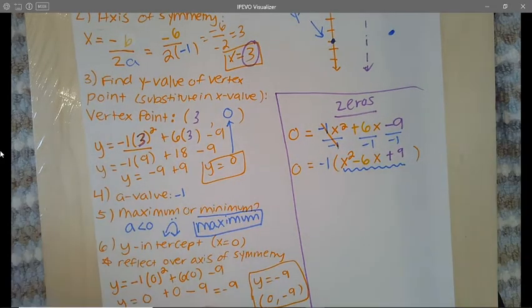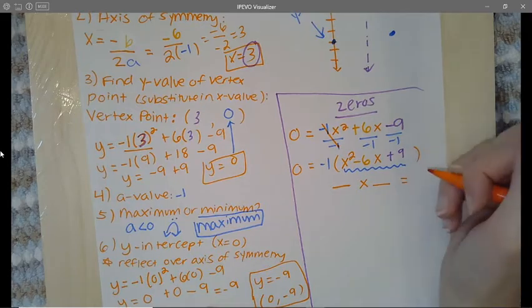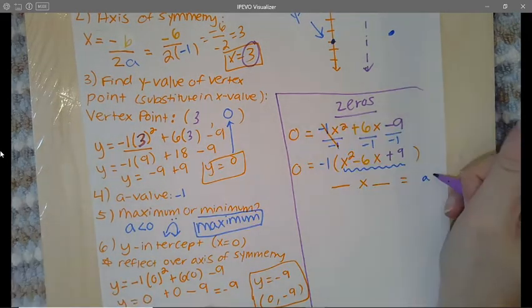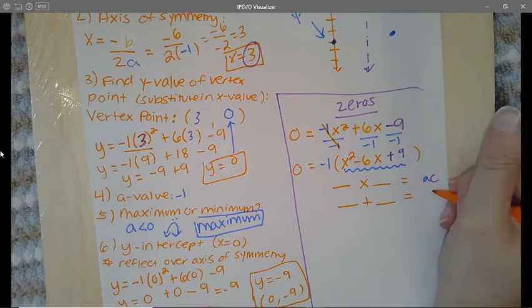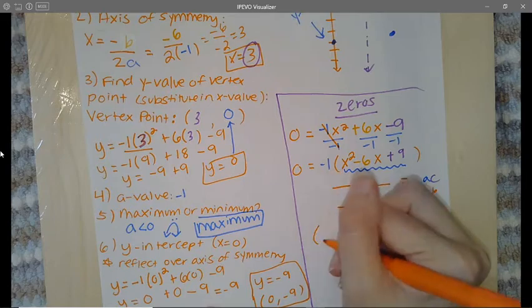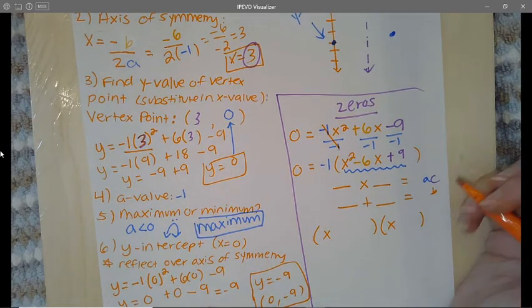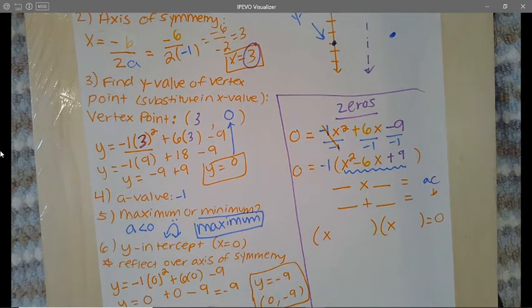I'm going to find 2 numbers that will multiply to equal my A times my C, and then 2 numbers that will add to be B. I'm just going to set this up real quickly. All right, we know it equals 0. I'm going to transfer my equals 0 over here, though.